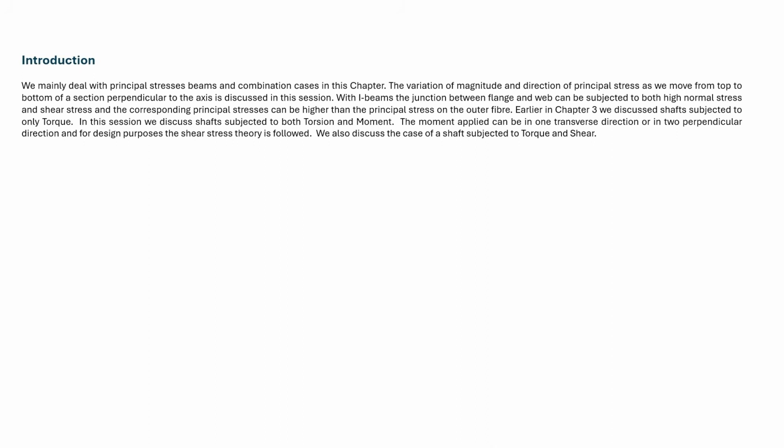To start with, we find out the section with the highest stress. Some points, which we call critical points, are chosen within this section. These are points which are likely to have the highest principal and the highest shear stress.